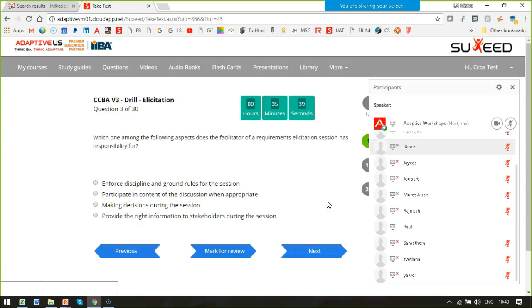This is actually a very interesting question. All four options are right. I would go with the last one. Okay. Rajnish? Rajnish is also going with option D. Murat?